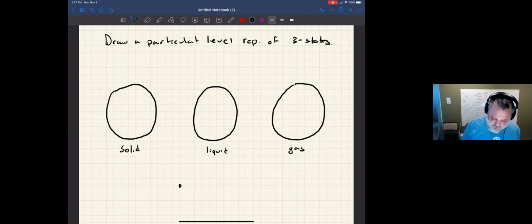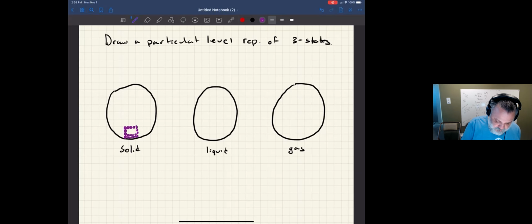Now, particulate level means use a dot or some other representation of a particle. So for a solid, remember that the particles are very close together. They also maintain their shape. So the reason why I picked a circular container is that I could clearly show the particles retaining their shape in the container.